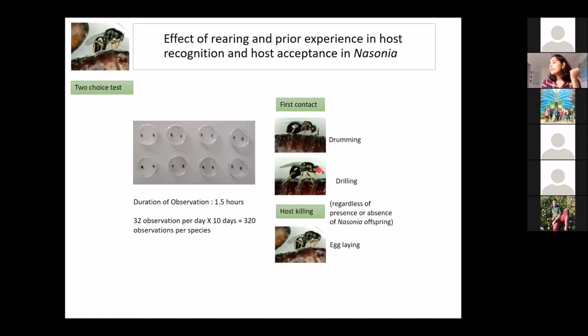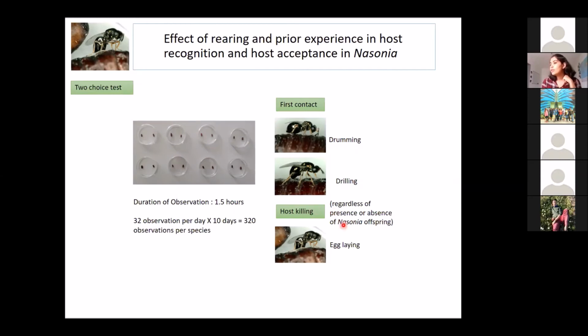After that, I take the host and put it at 25 degrees, and after 10 to 12 days, I check whether they were killed, meaning that no flies emerged from the host. If they were parasitized and no fly emerged, then I check whether they have offspring or were only killed.